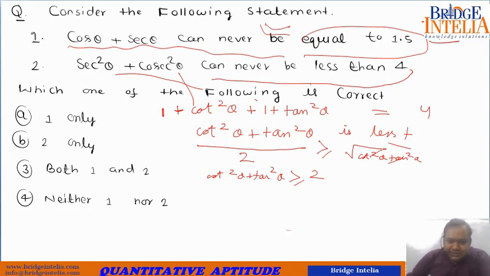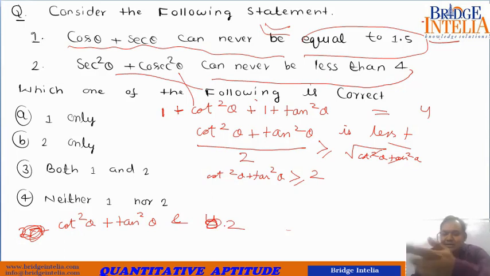So now we were actually comparing 2 plus cot square theta plus tan square theta with 4. So I removed this burden of 2. Now we can compare cot square theta plus tan square theta with 2 and see whether or not it is correct. So this came out to be correct, that yes, indeed this is greater than or equal to 2. So that means the original statement is also correct.